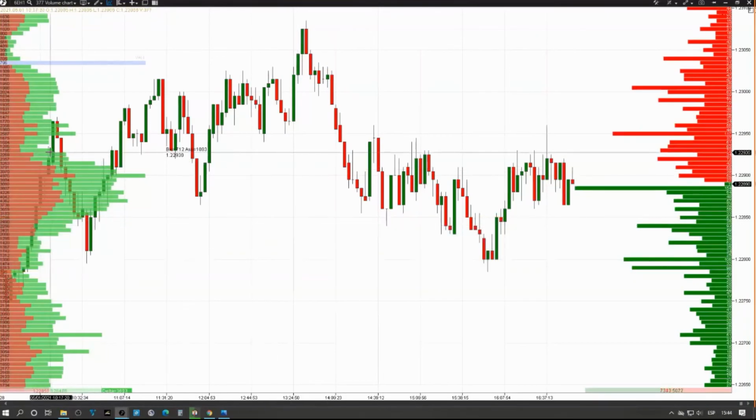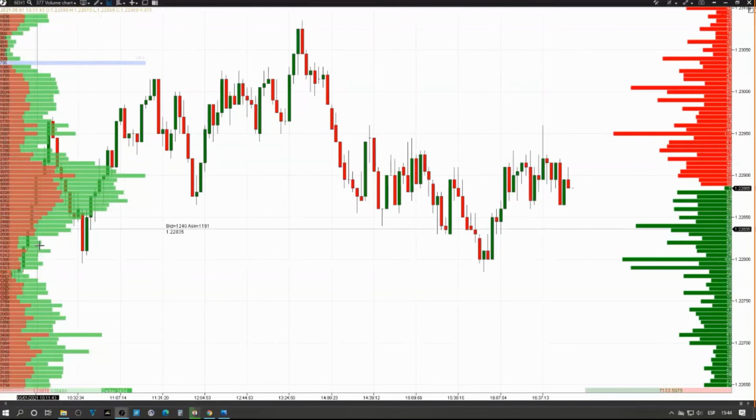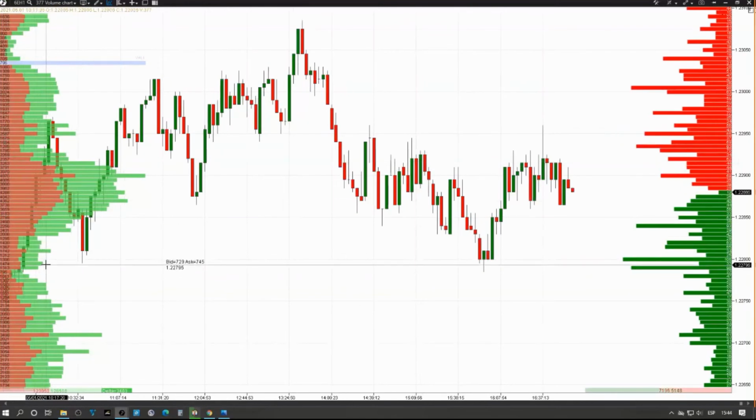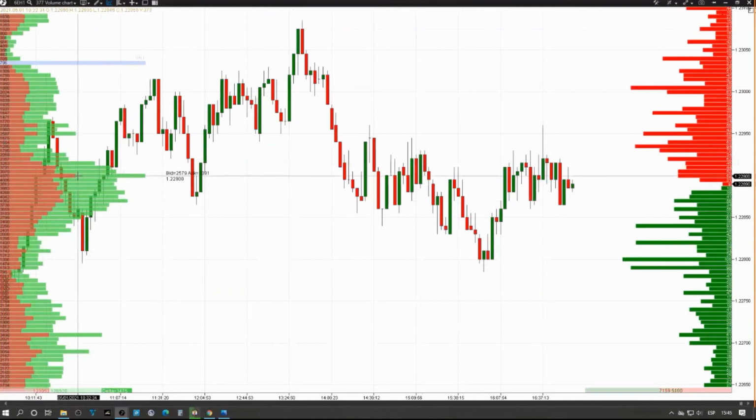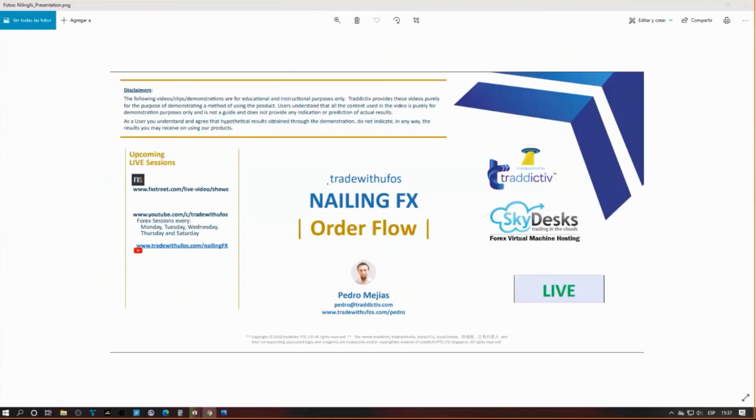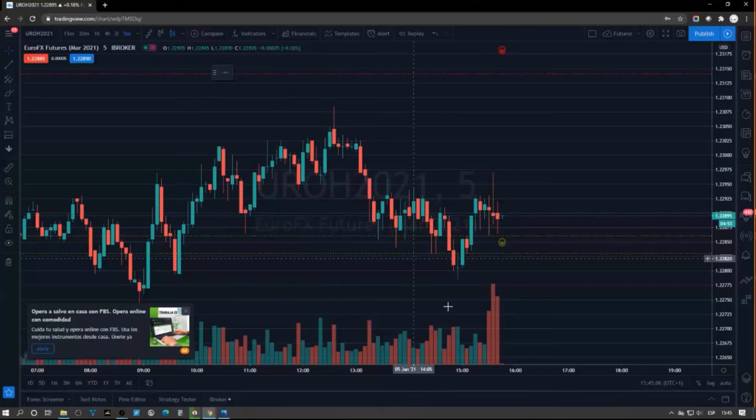And on the left side, you can see the volume, which is very, very important. There is a huge difference between using the horizontal volume versus the vertical volume. Let me just show you, for example, the vertical volume we have here below. We can see there's a lot of volume in this candle at this time and on this date, but that's all, right?